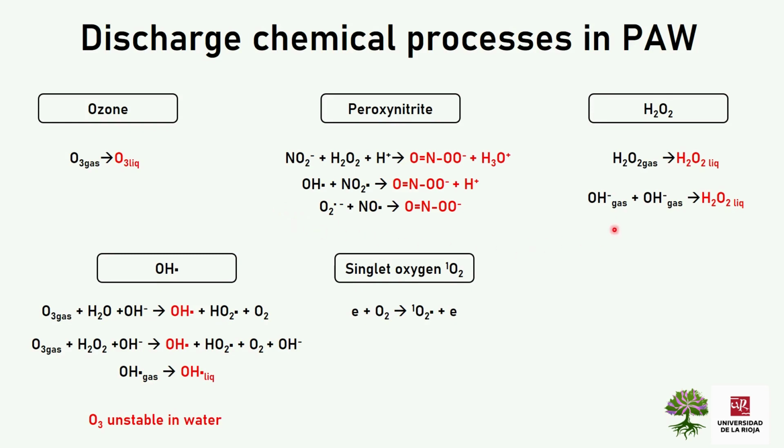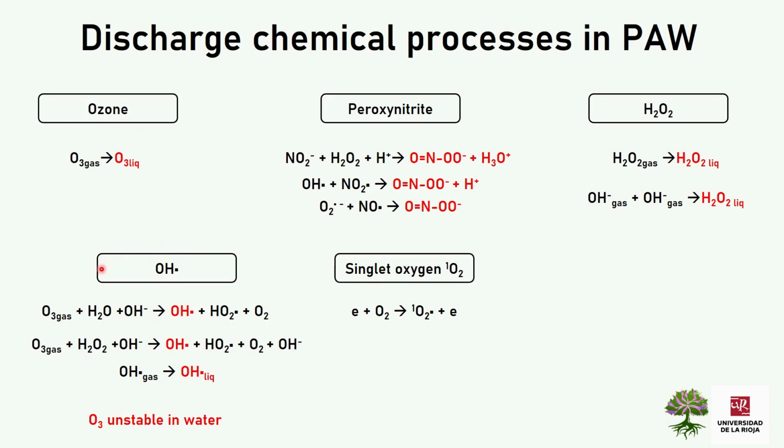One of the most important reactive species is hydrogen peroxide, and it's generated when hydrogen peroxide gas is dissolved into water, or when OH gas reacts with other OH gas and in contact with water. Other strong radical is OH radical.